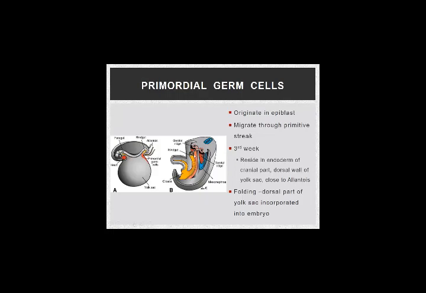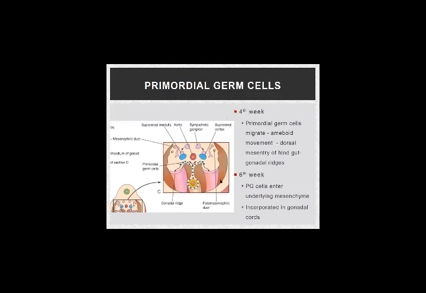From the mesentery of the hindgut, they enter into the gonadal ridges, one on either side. So they come to lie in the gonadal ridges.